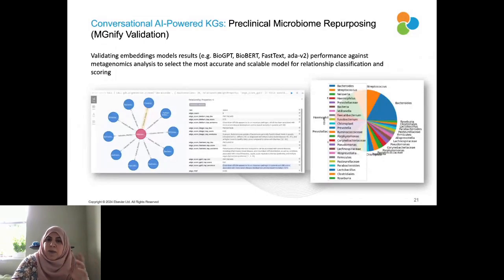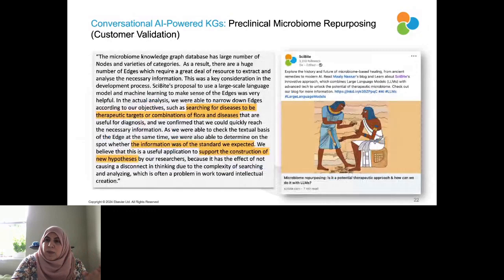For the microbiome, I've used MGnify. MGnify usually does metagenomic analysis and summarizes all the bacteria with their counts in the samples. So I validated the bacteria in the samples against the bacteria coming from the graph, and there was a large overlap between them. Most of the validation is coming from the customers, where they provide testimonials about our work and when they validate their experimental results.